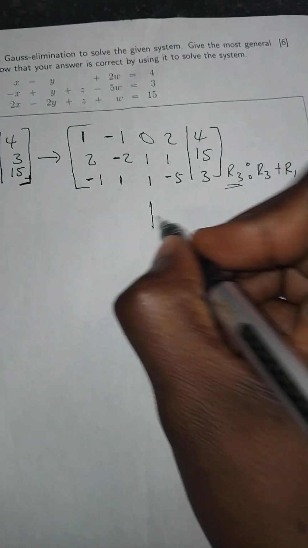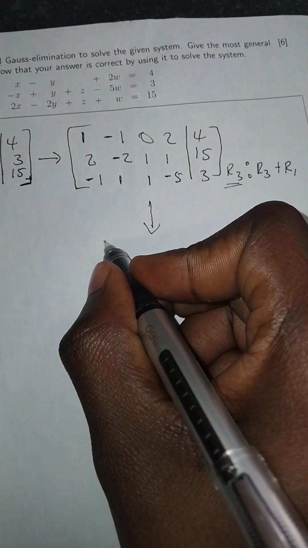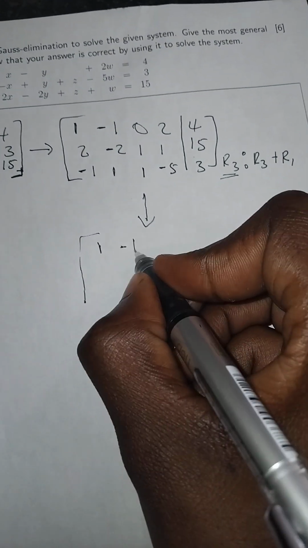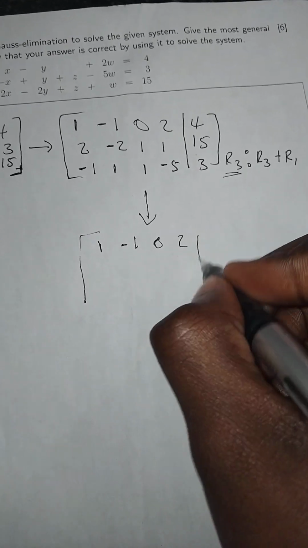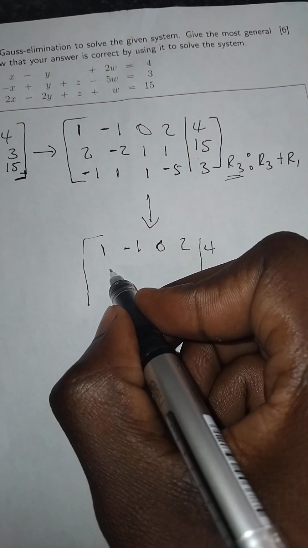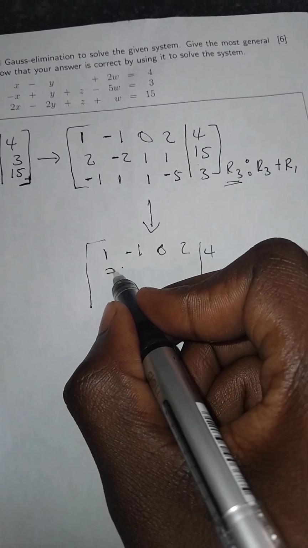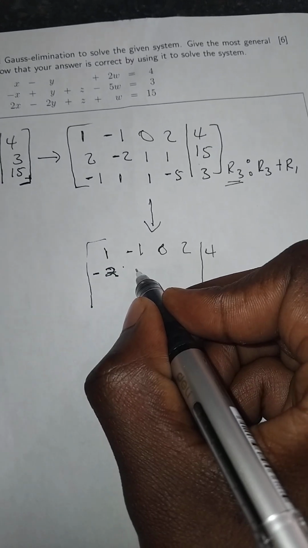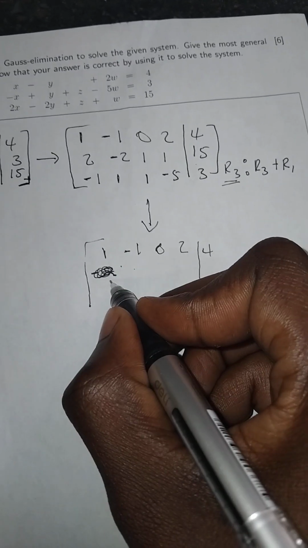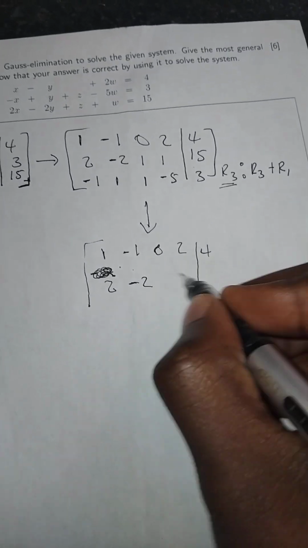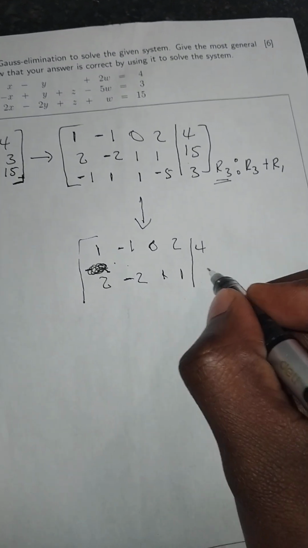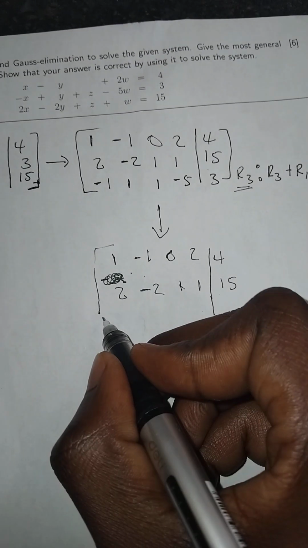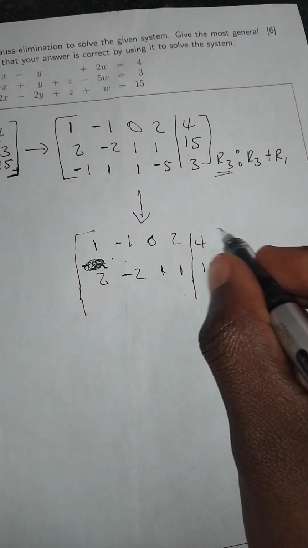So row 1 remains 1, minus 1, 0, 2, 4, and row 2 remains 2, minus 2, 1, 1, 15.